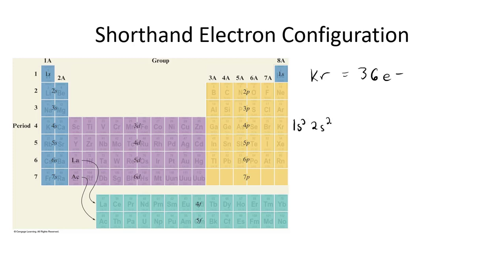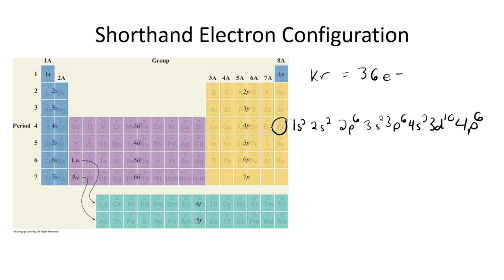1s2, 2s2, 2p6, and sometimes it helps me to keep my hand on krypton so I can see where I am going. 2p6, 3s2, 3p6, 4s2, 3d10, and then 4p6. All right, now this is where it's tricky because it is a noble gas. Can we just write Kr?